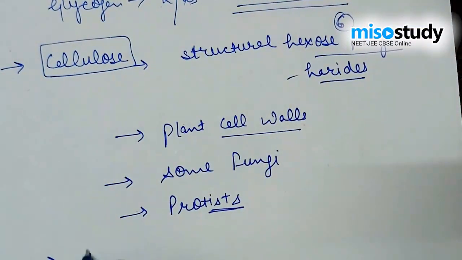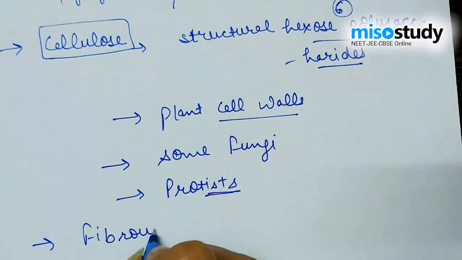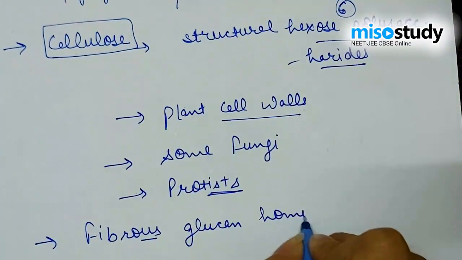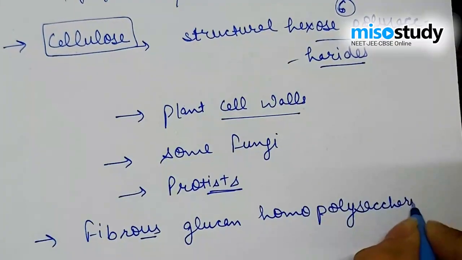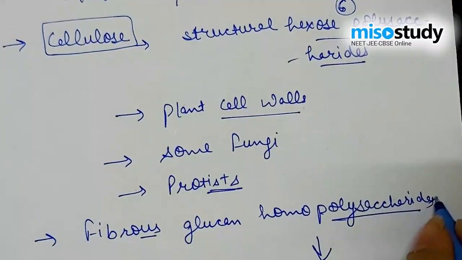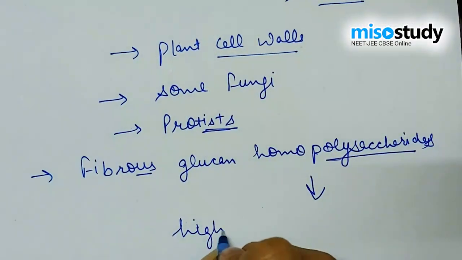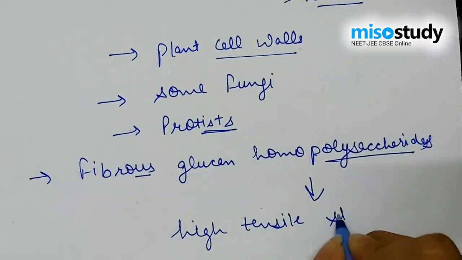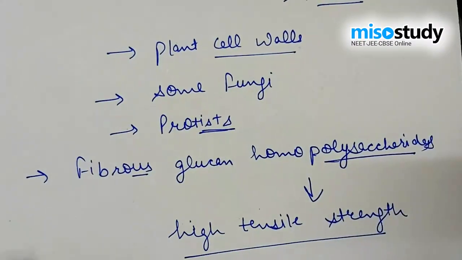Cellulose is also known as a fibrous glucan homopolysaccharide that is of high tensile strength.